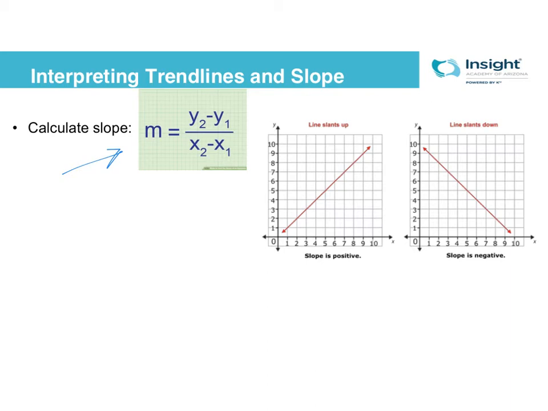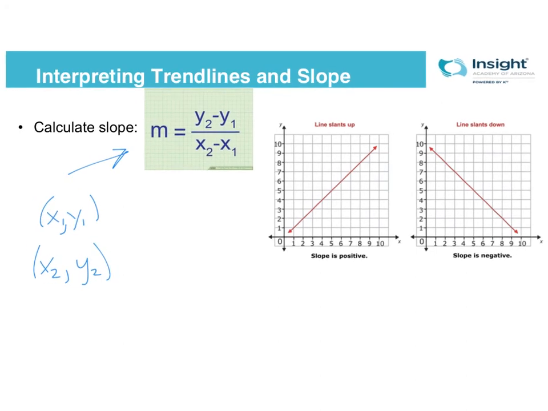two points off of your graph. The first point will be x1, y1. Second point will be x2, y2. You can choose any two points, but a general suggestion as good practice is to choose two points that are pretty far from each other on the graph.